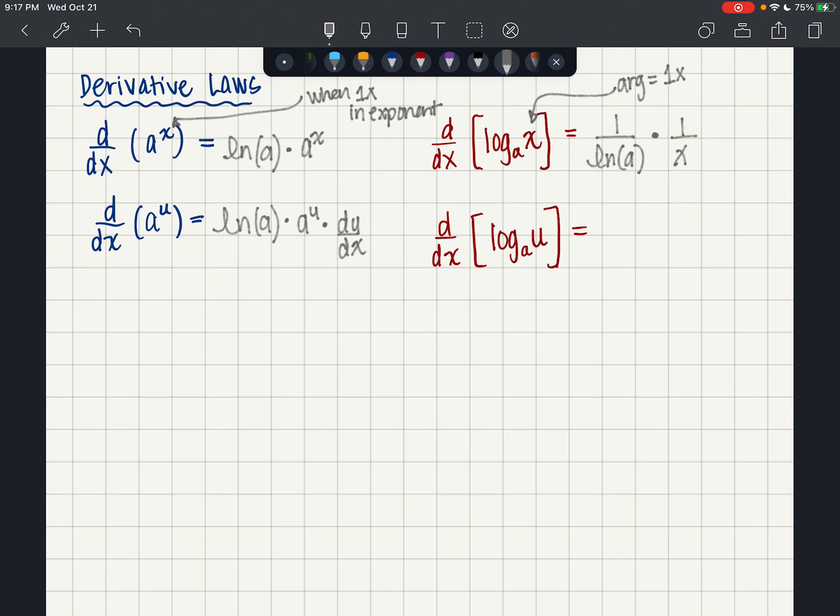But when the argument is more complicated, you're still going to have 1 over the natural log of the base times 1 over the argument times the derivative of the argument. And you can think of this first one as times the derivative of the argument times 1. We just don't write that because we don't have to multiply by 1.